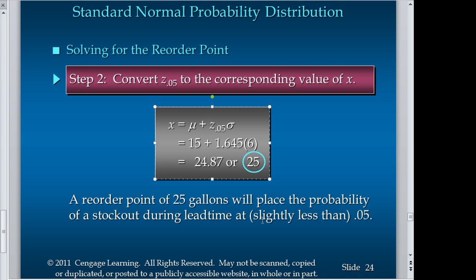If you have 20 gallons in reserve, then you have a 20% chance. If you have 25 gallons in stock, then you have less than a 5% chance. Okay.